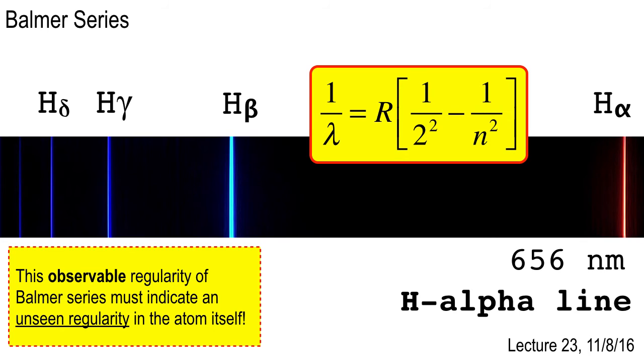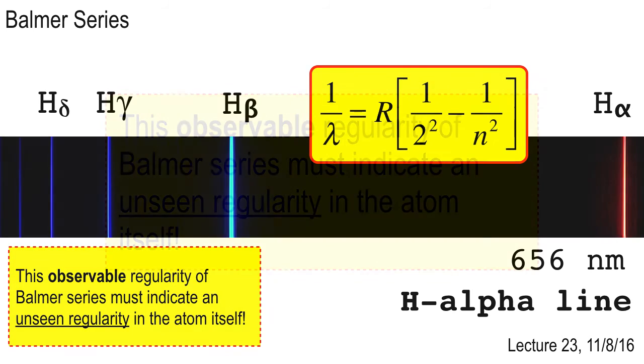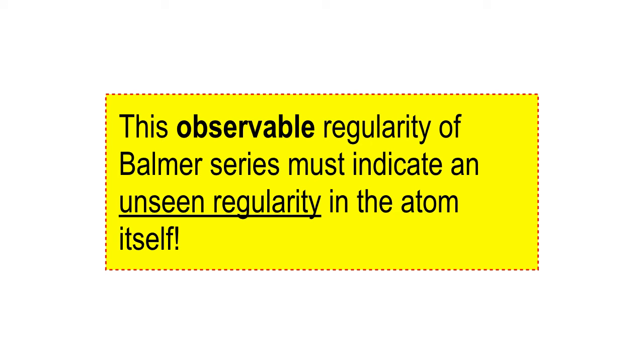And then we got H alpha over here at 656, H beta, H gamma, H delta. And these are the two bluish purple. Those are the two tough ones to see, unless you're in a really good lab, really dark and really good clear light. But this whole idea, the observed regularity of the Balmer series, must indicate that there's some unseen regularity in the atom that we cannot see.